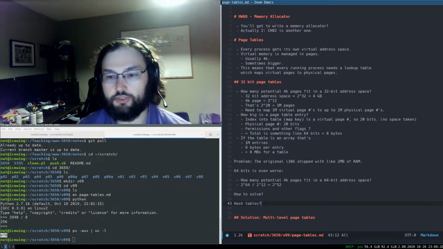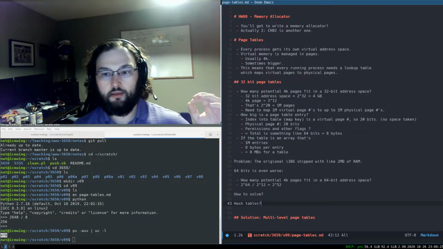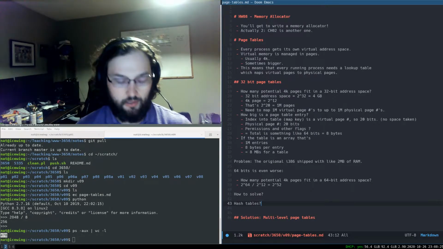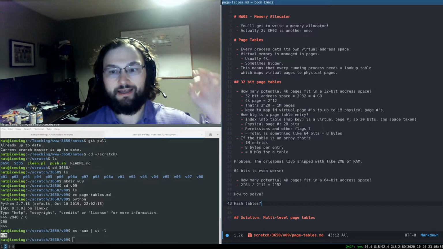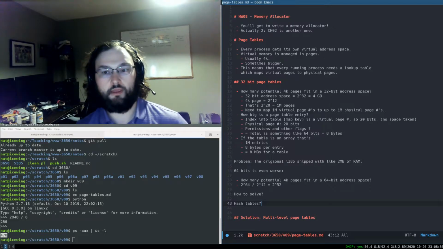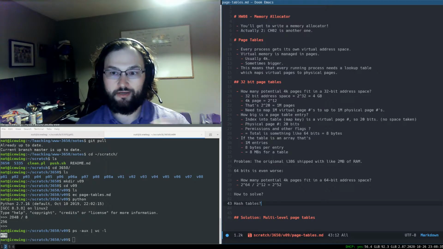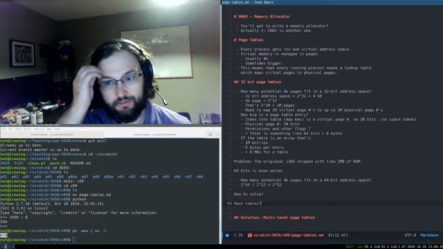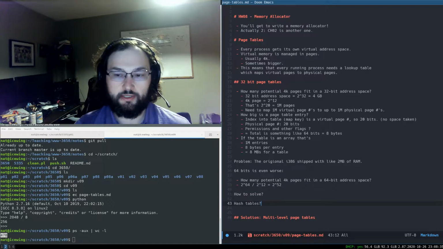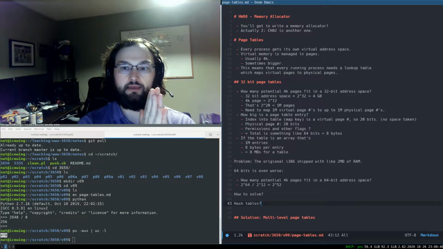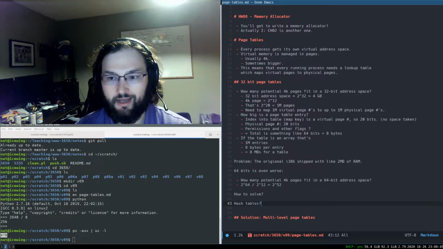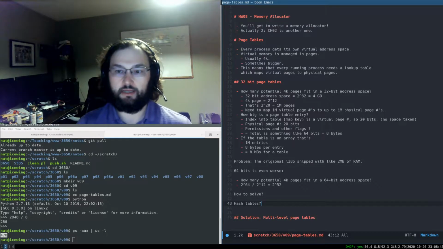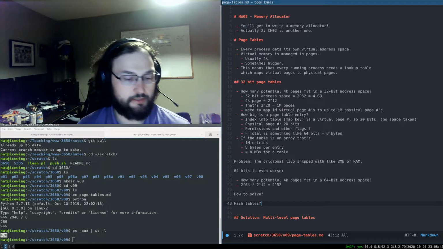And the problem with hash tables is, although they're expected amortized constant time, having them be either expected or amortized constant time isn't really good enough. When we're doing a memory access, we're trying to translate a virtual page number into a physical page number, we want it to not be mostly constant time, we want it to be actually constant time.